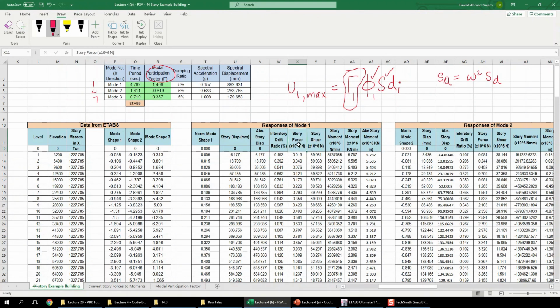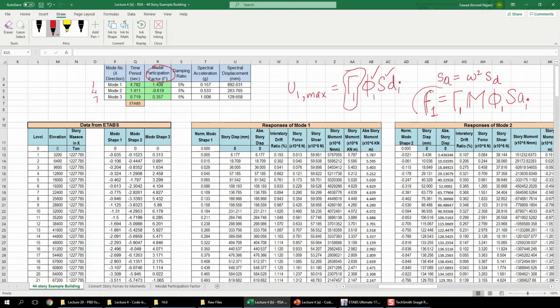The next step is the story force. This is the equivalent static force vector for the first mode, and if you remember, the F vector for the first mode is equal to the modal participation factor for the first mode, multiplied by the M matrix, multiplied by the phi 1 vector, multiplied by the spectral acceleration of the first mode.